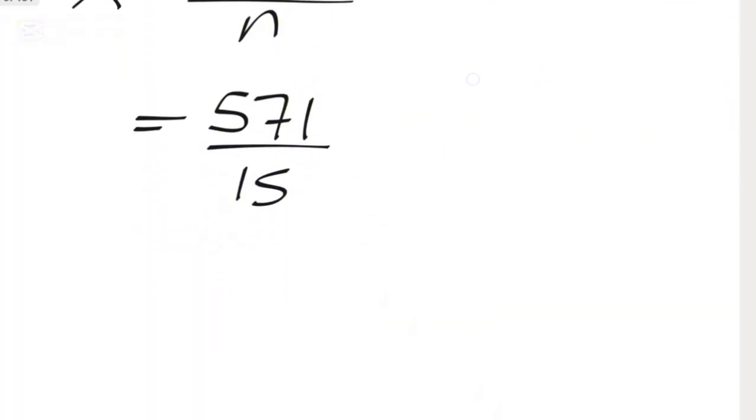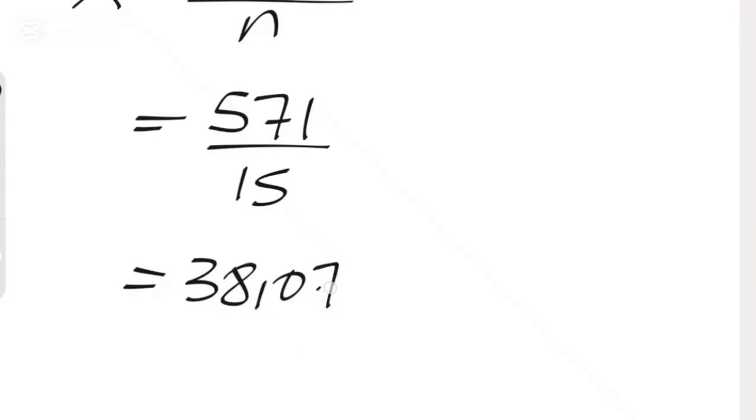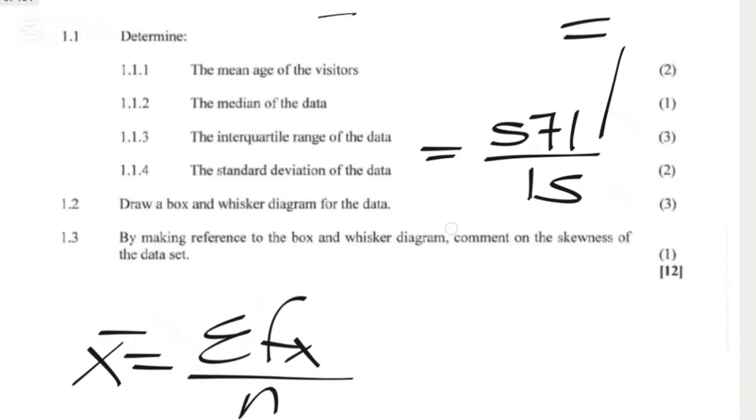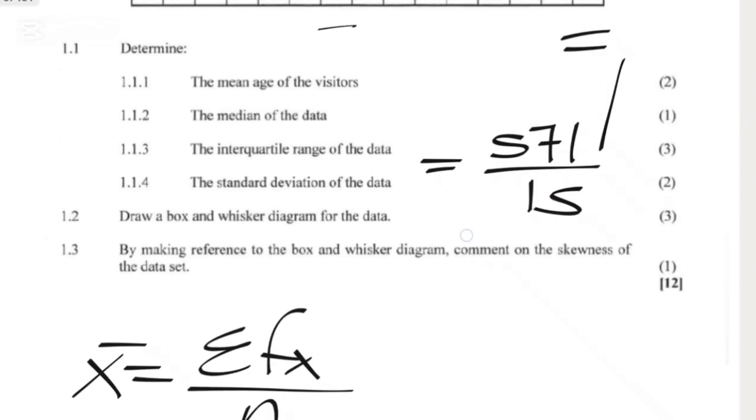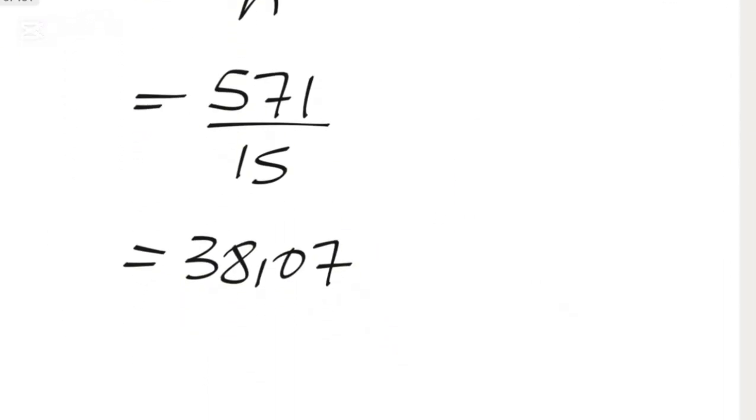When you punch this in your machine, you find that the mean is 38,07. Let me see, what was this thing? This one was ages in years. So you just say years because the data stated that.